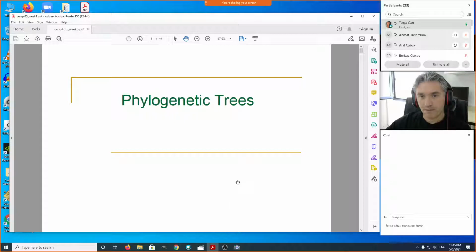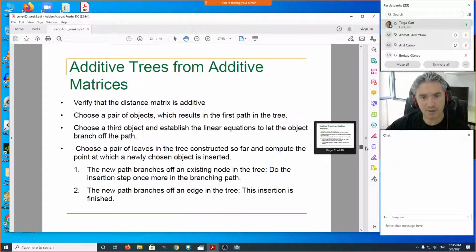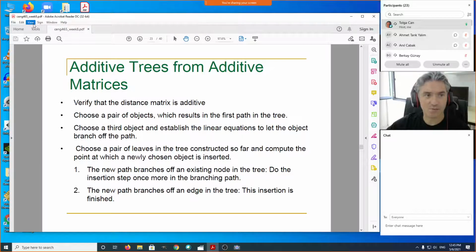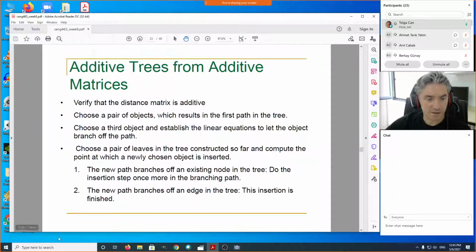In the beginning of the semester, in my sample lecture, we actually talked about phylogenetic trees. If I remember correctly, I talked about this method, additive trees from additive matrices. Let me change the mouse pointer size.